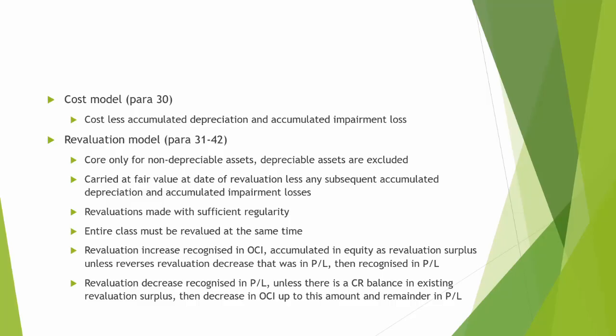And that accumulated impairment will also be deducted. So our carrying amount is the cost as per our initial cost, less any accumulated depreciation, so that's all the depreciation that we've processed on the item to date, less any accumulated impairment losses, which is all the impairment that has been processed on the item to date.